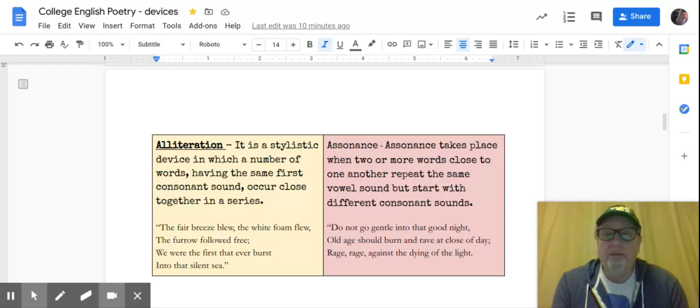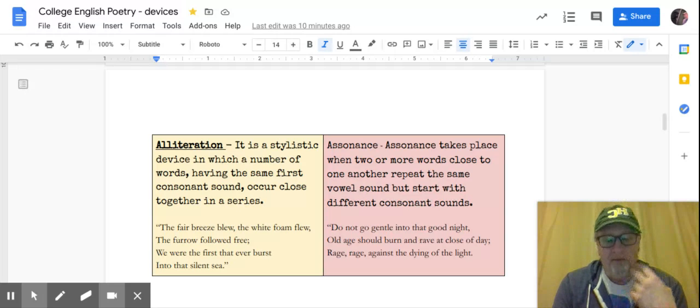The fair breeze blew, the white foam flew, the furrow followed free. We were the first that ever burst into that silent sea. You hear that fricative. It's called a fricative, the tooth to lip.